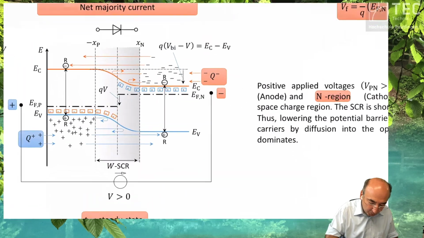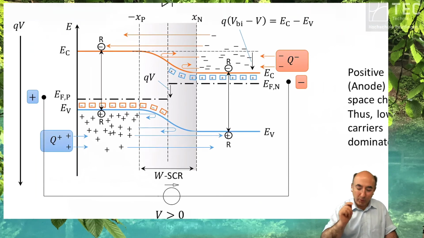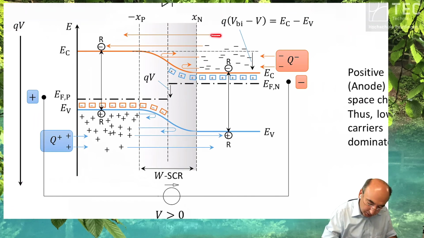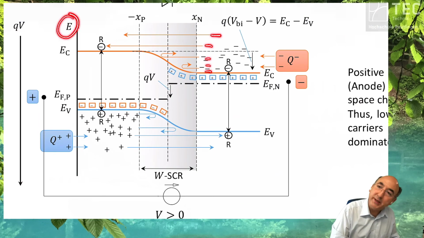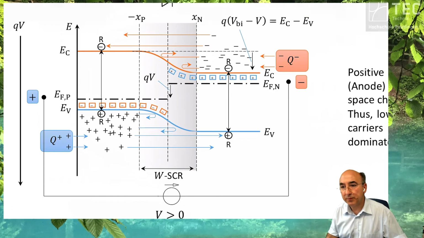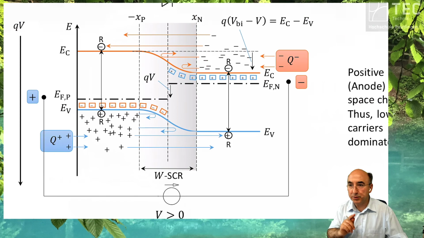If we have a forward bias, one moment, the Boltzmann approximation. What is the change in the concentration as a function of the energy in the Boltzmann approximation? Again, the question.